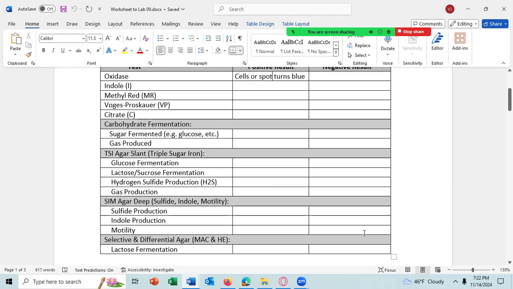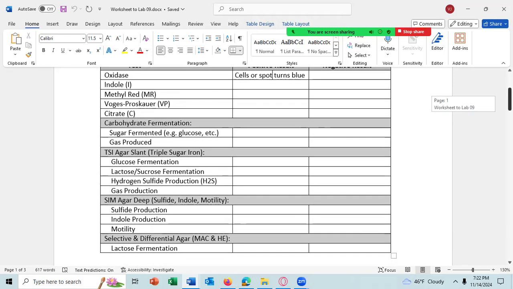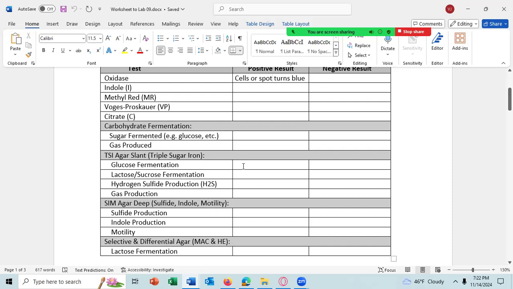You need to tell me what the positive result is for glucose fermentation. And that's to be written in the slant over the butt. And then the negative results. And then the same for the lactose sucrose fermentation, the slant over the butt, and then the negative result slant over the butt. What's the color, the result of the hydrogen sulfide positive, hydrogen sulfide negative, and then what's the result of gas being produced in the TSI.